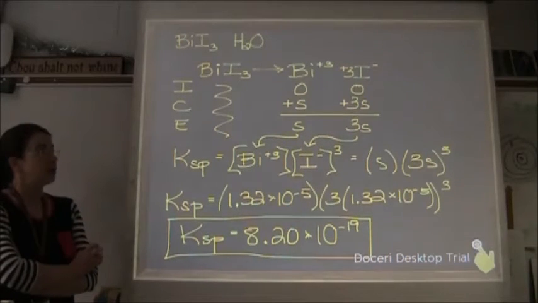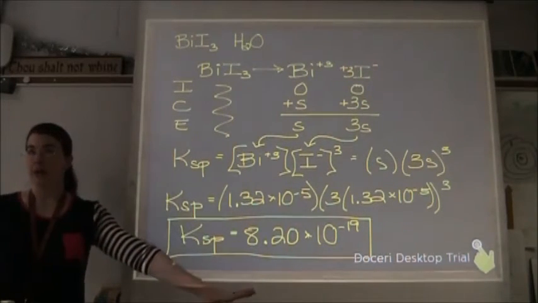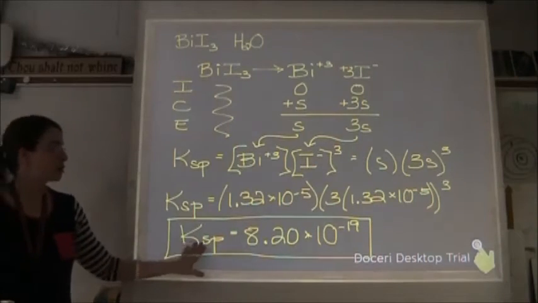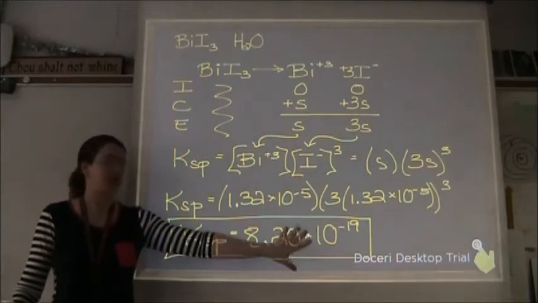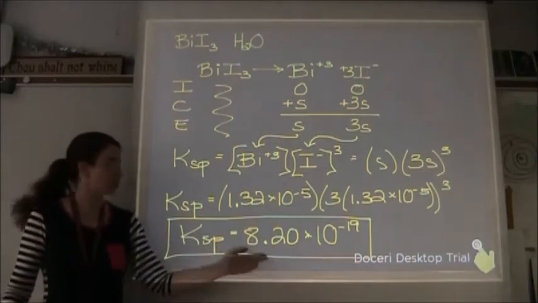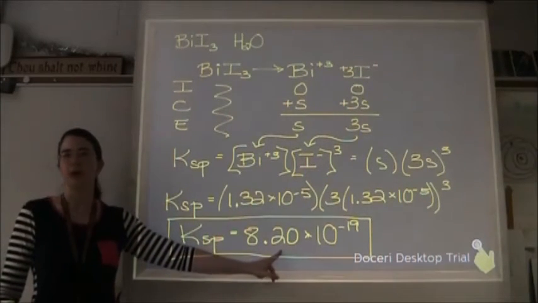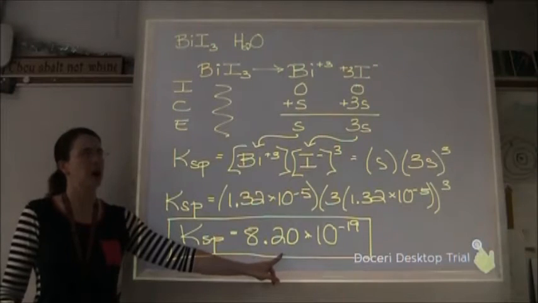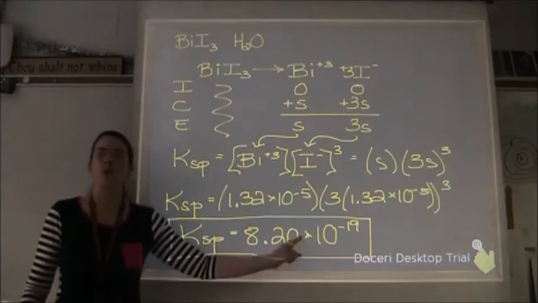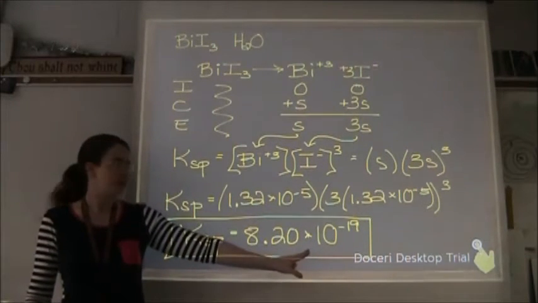All right. Now, before you go on, I want to just make sure you understand this number and what it represents. Would you guys say that this is a big number or a small number? Small. Think about what that means.